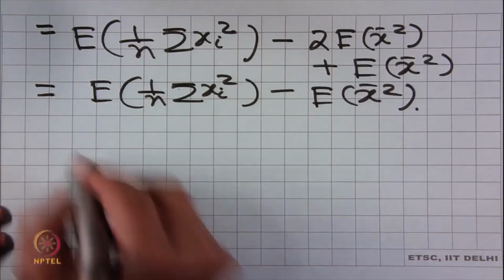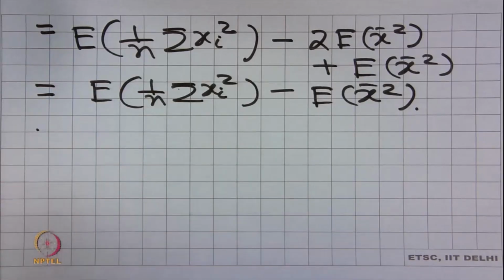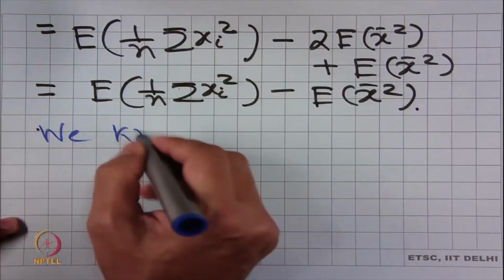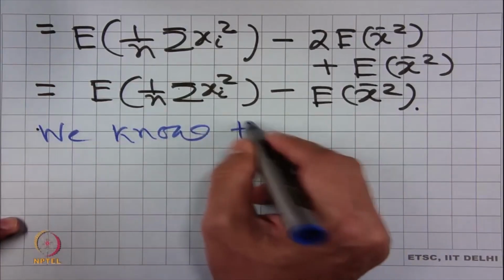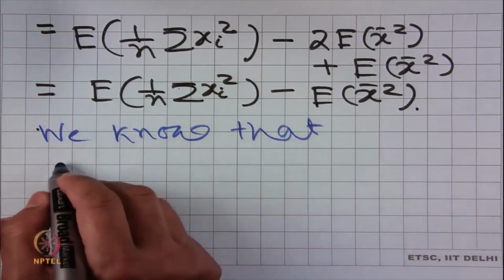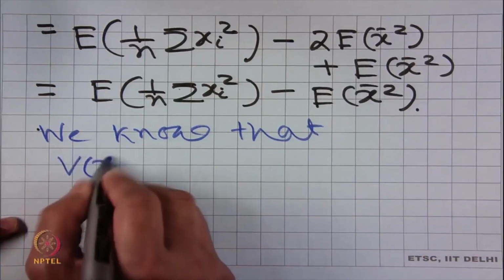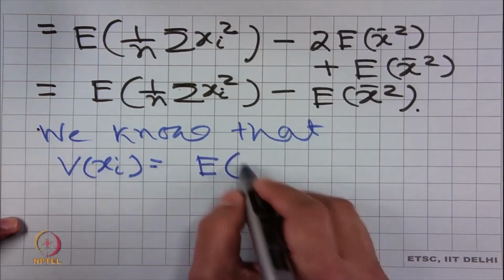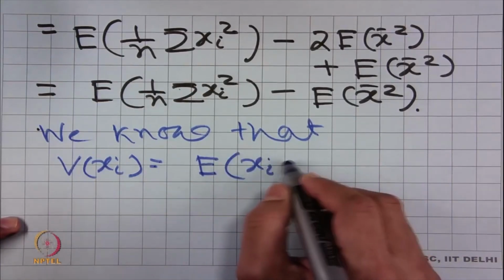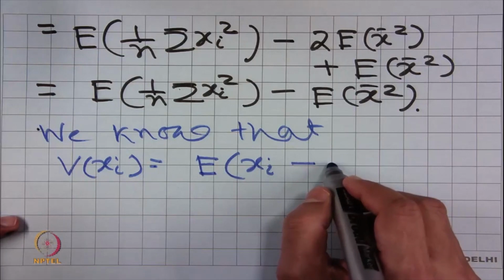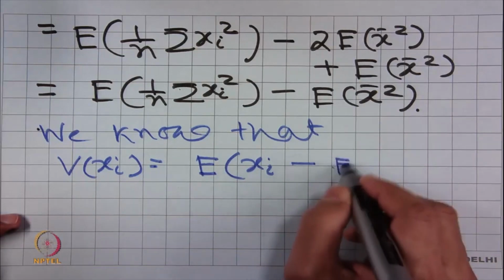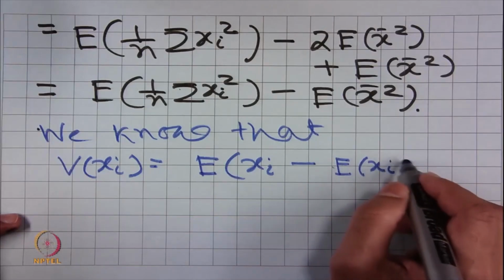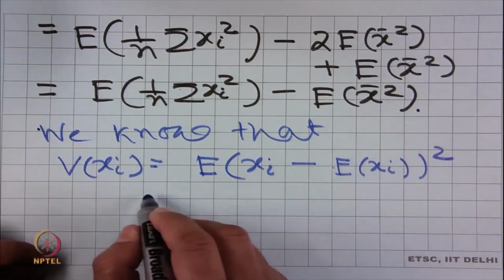Now, we know that variance of x I is equal to expected value of x I minus expected value of x I whole square.